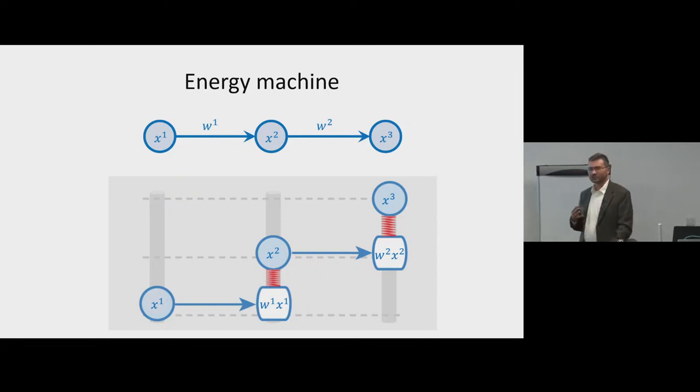Now the connections between the neurons correspond to rods pointing to another input node, which can also slide here. And the height of this input is equal to the activity of the presynaptic neuron times the weight. In this particular example, all the weights are equal to 1, so all these bars are horizontal.